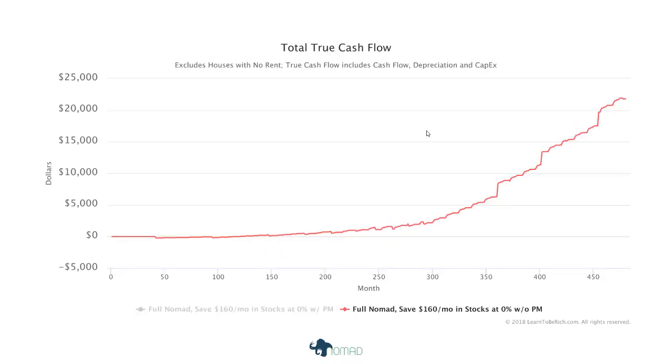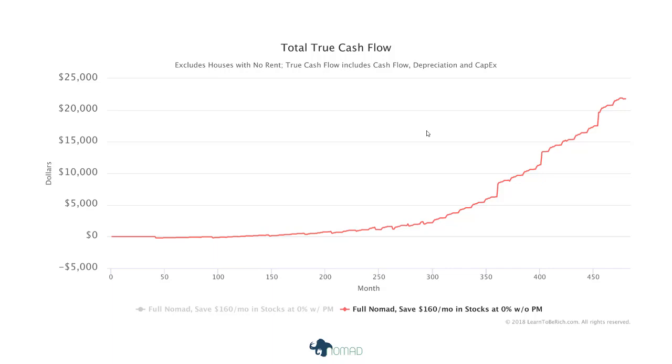Okay? How about your cash flow? So this is if you don't pay a property manager: your cash flow goes a little bit negative when you buy your first rental property. You buy another one, it goes a little more negative, until eventually you get to the point where it's pretty positive and you're making just over $20,000 a month in positive cash flow on your rental properties.